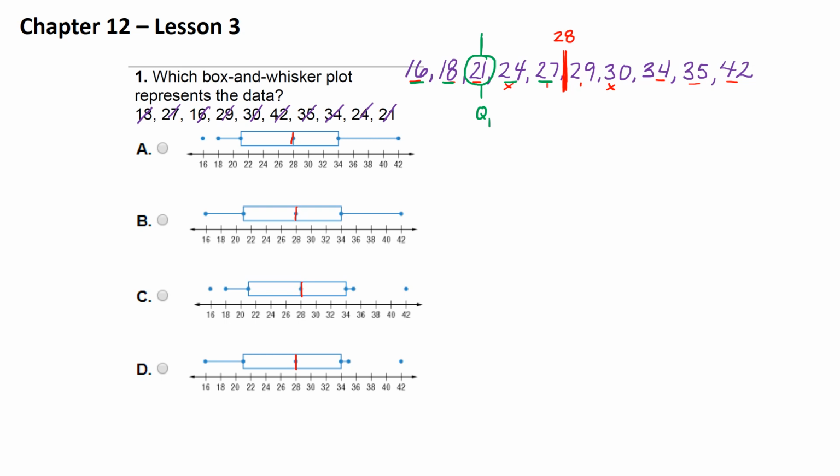We're going to do the same thing on the right half. So we go left, left, right, right, and this will be quartile 3. And then I would be drawing a box here.